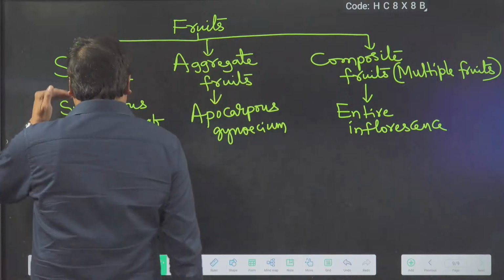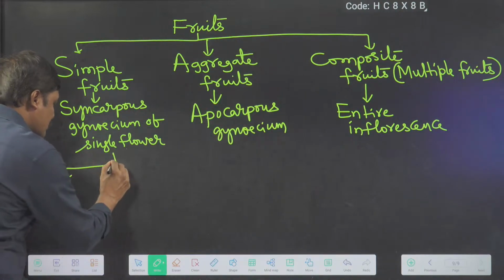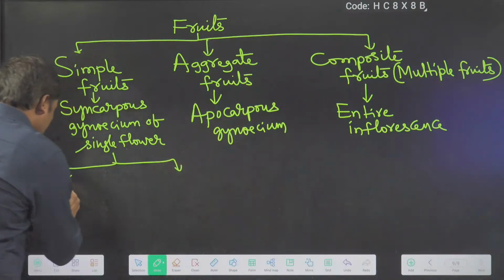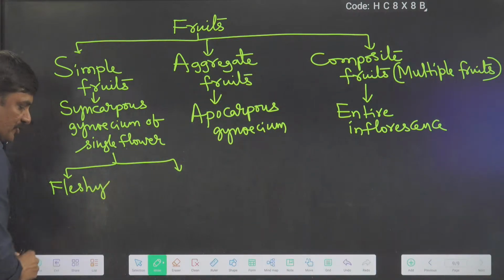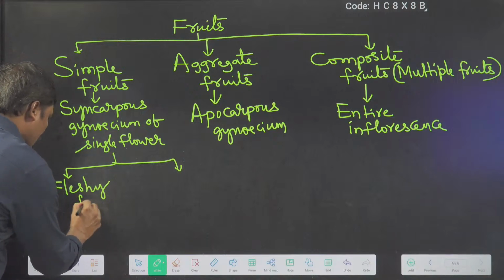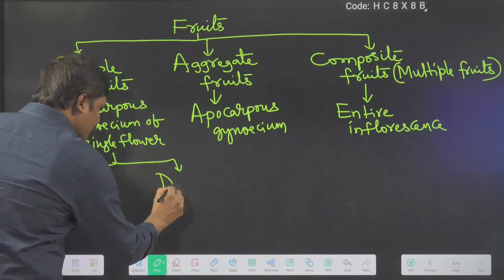Right. Now, the simple fruits are again divided into two types: fleshy fruits and dry fruits.